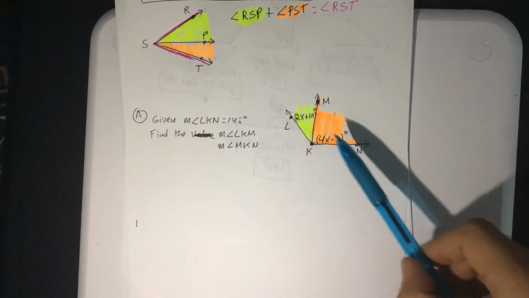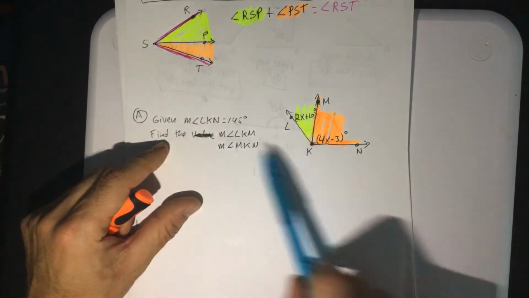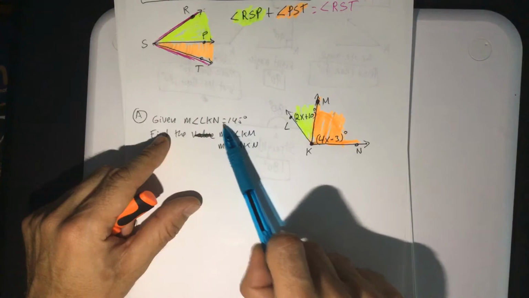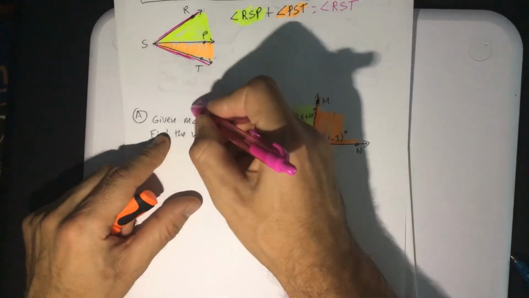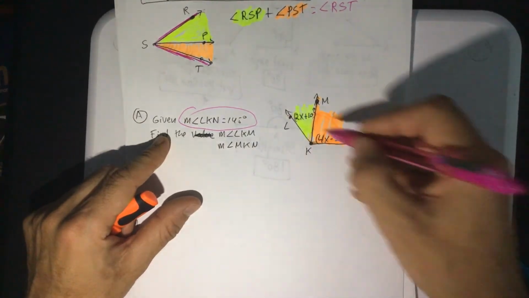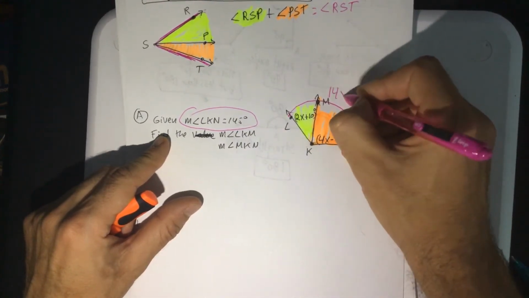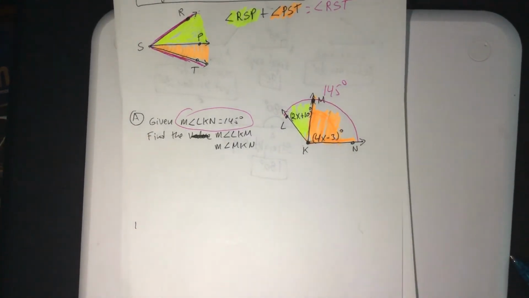If you add these two angles together, it's going to be equal to LKN, and they're giving you LKN: all of this is equal to 145 degrees. So the yellow angle plus the orange angle add up to 145 degrees.